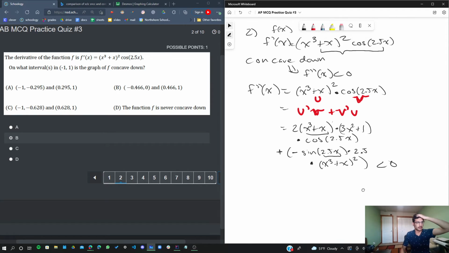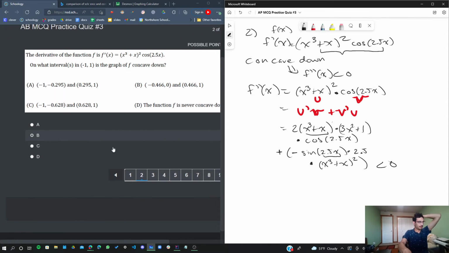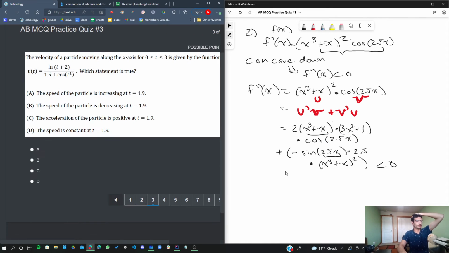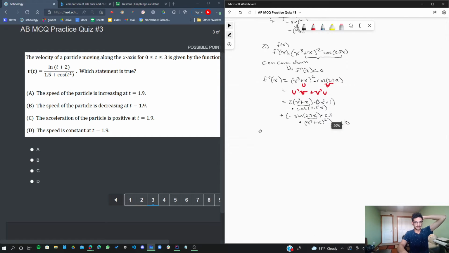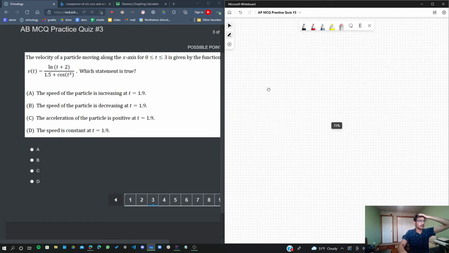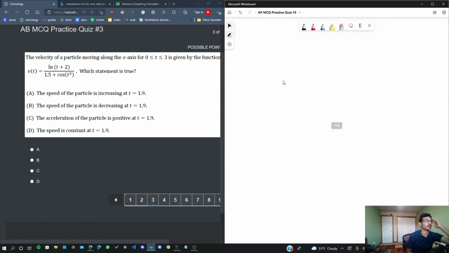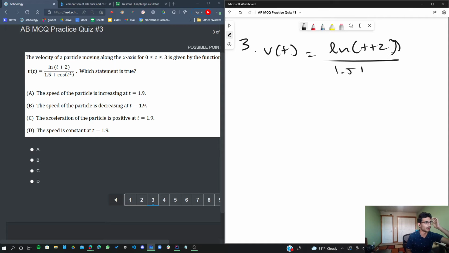We spent a good chunk of time with that, so let's go a little faster. Number 3. dt is equal to natural log of t plus 2 over 1.5 cosine t squared.